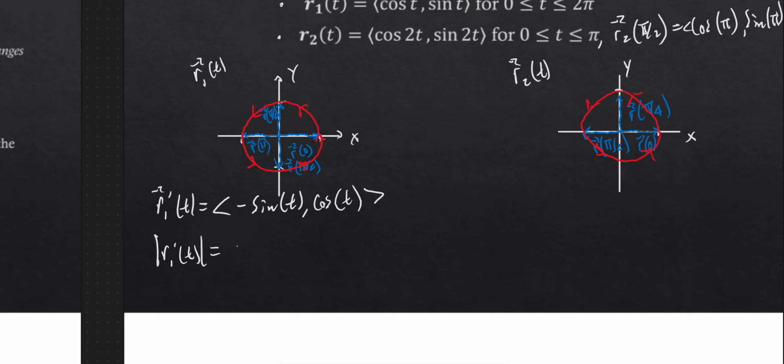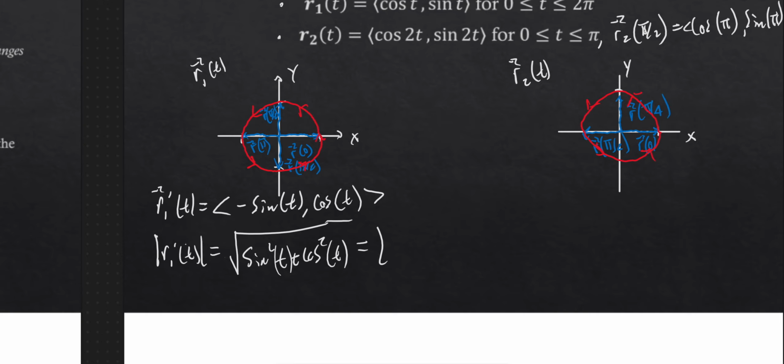So my speed is the square root of minus sine t squared, so that's just sine squared t plus cosine squared t. And that's exactly 1. So my speed is 1. It's traveling at a rate of 1 as I go around the circle.